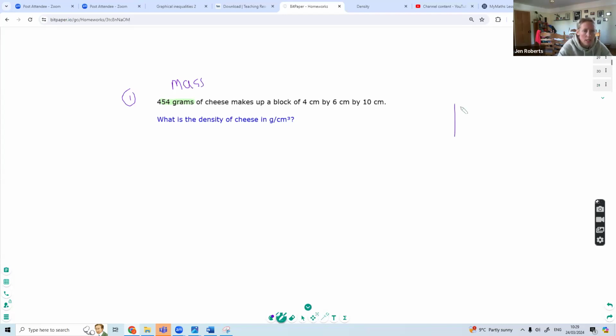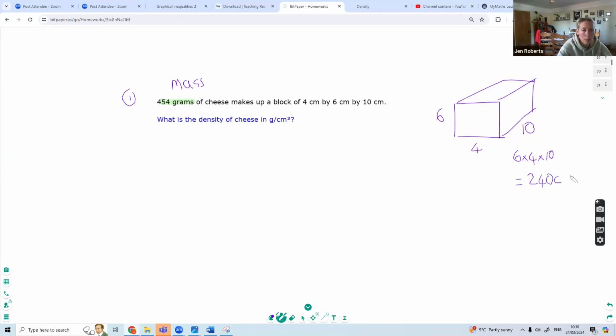So what does our cheese look like? It's cuboid, isn't it? So we need to work out the volume of our cuboid: 6 times 4 times 10 is 240 centimetres cubed.